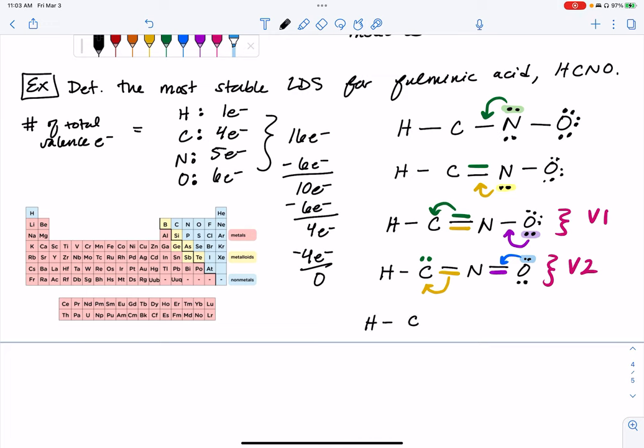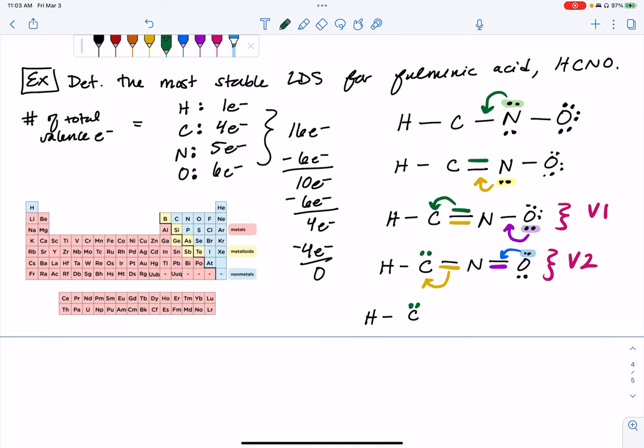And so we would have something like this. So carbon now would have 2 lone pairs and would be singly bound to nitrogen, which itself would now be triply bound to oxygen, which would have only 1 remaining lone pair.